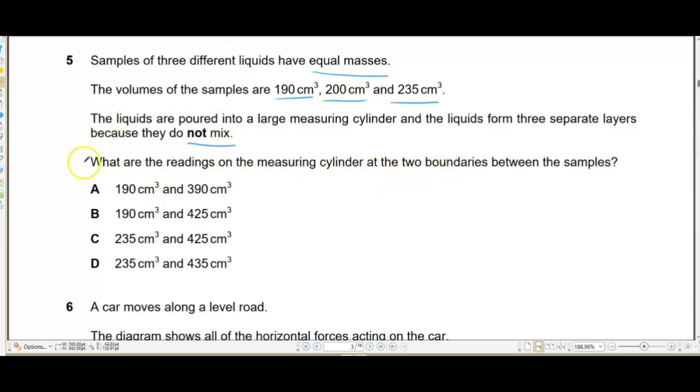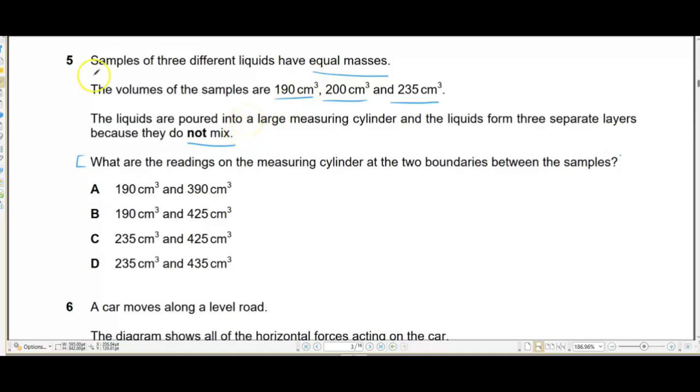In order to solve this, we need to deconstruct the question and understand what we are being told. Basically, there are volumes and masses, and there are liquids that are not mixing up.